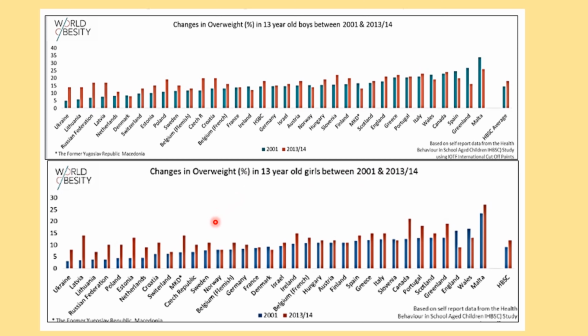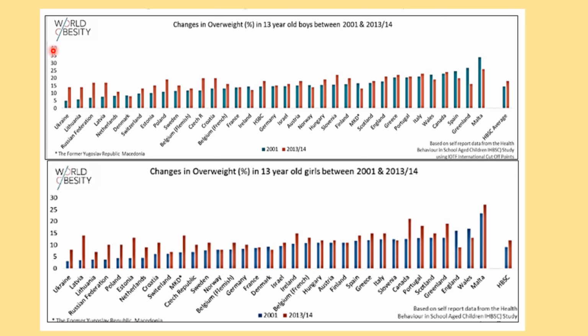When reading this graph, for example, if we look at Latvia, you will see that for 13-year-old boys, Latvia in 2001, the percentage of people overweight was at about 8%, and in 2013 it increased, so there are more people overweight, at about 12%.